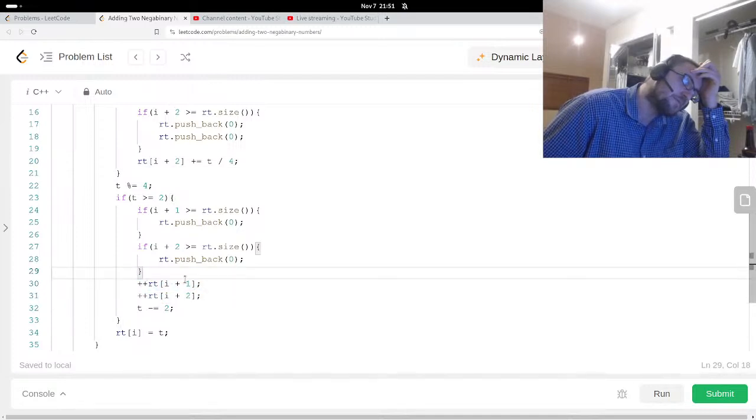Let's get 2, and then this gets pushed. The things that are ahead, let's get ones. Put a 0 there, and then we process that 1.